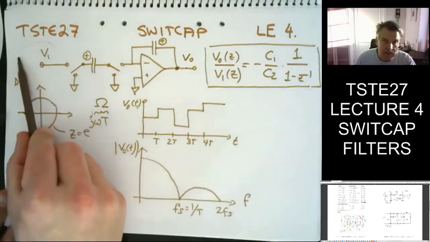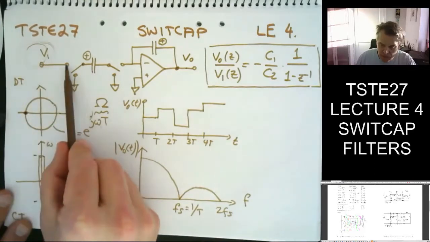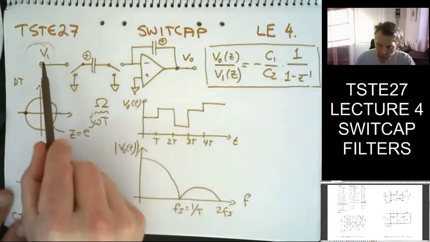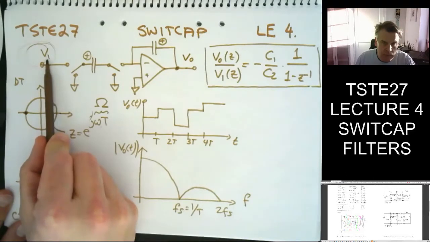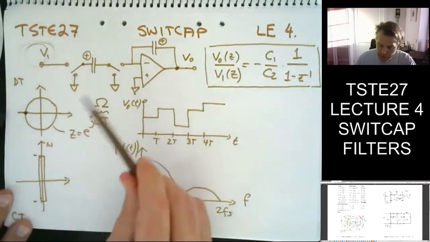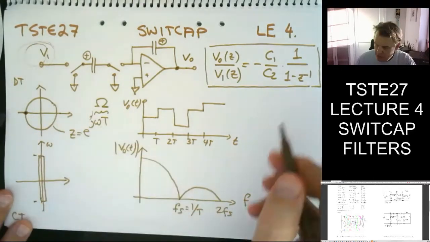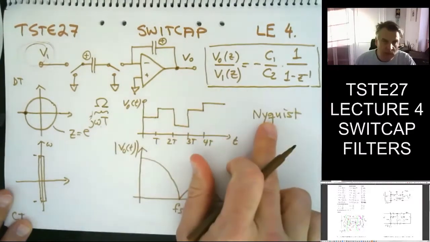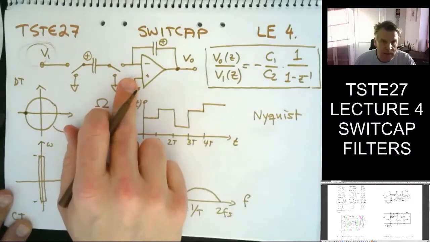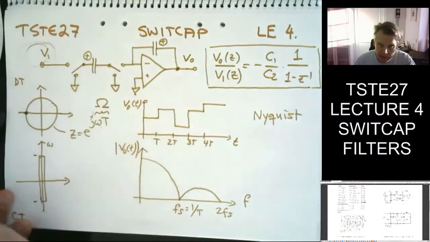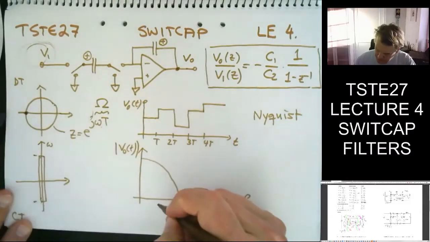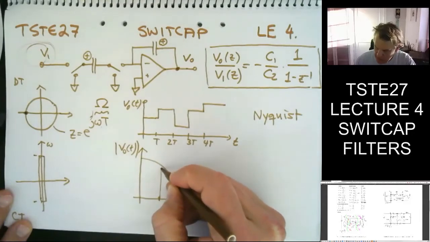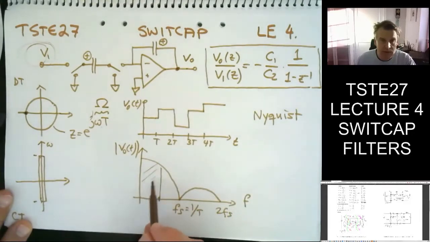I have my voltage here, my signal coming into my accumulator, and I don't want to destroy this signal. So first of all, I obviously have to meet the Nyquist theorem, which means that I have to sample faster than twice the bandwidth of the signal that comes in here. So that's one argument. So I definitely need my frequency to be within this range, up to fs half.